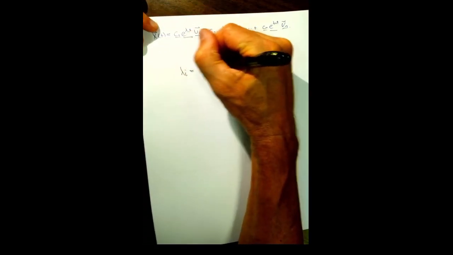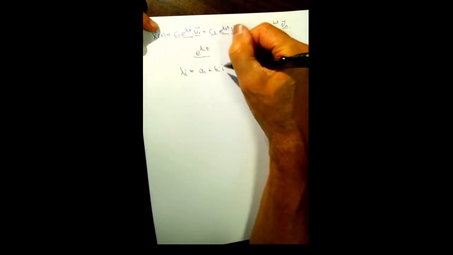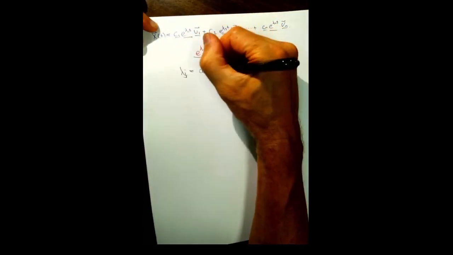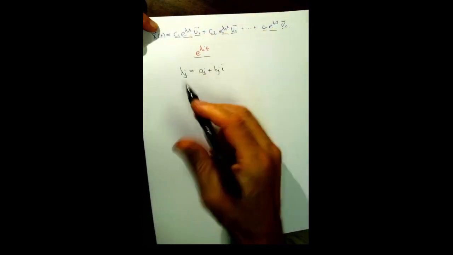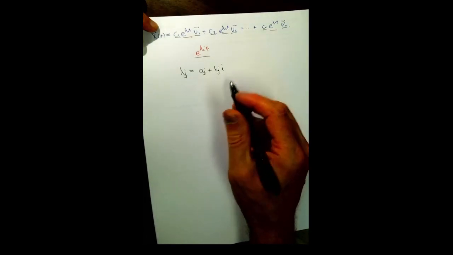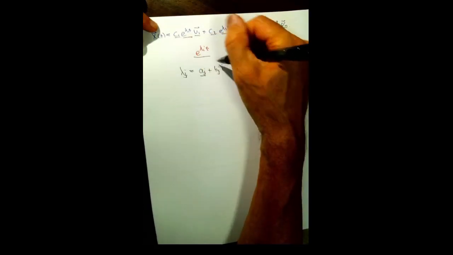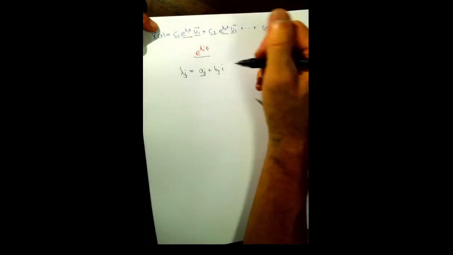So let me be careful. Let me call this lambda j. And these lambdas we can write as complex numbers. And sometimes they have imaginary parts, and sometimes the imaginary parts are zero. And we've seen both of those situations.